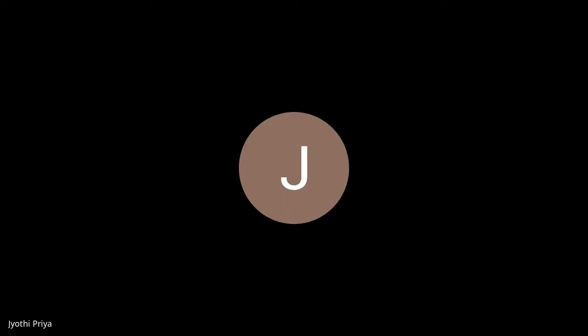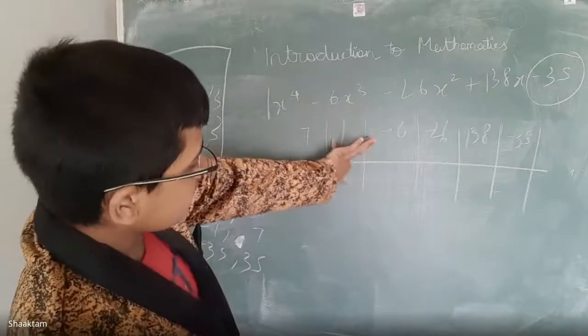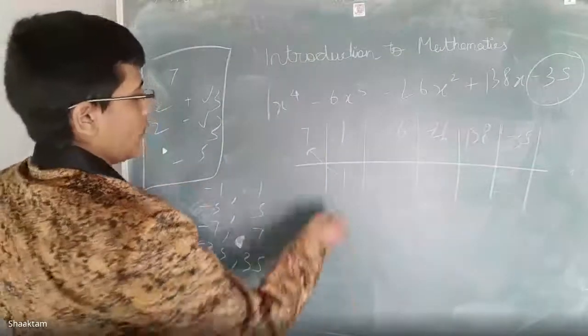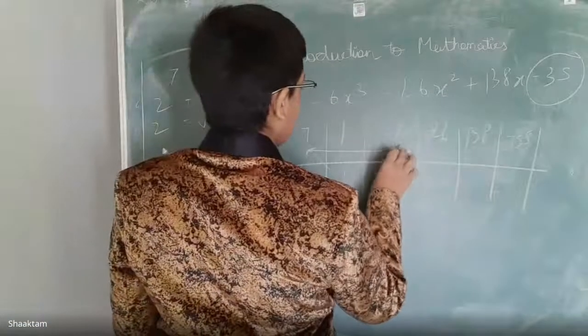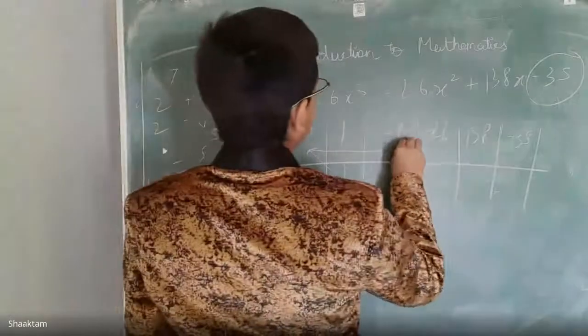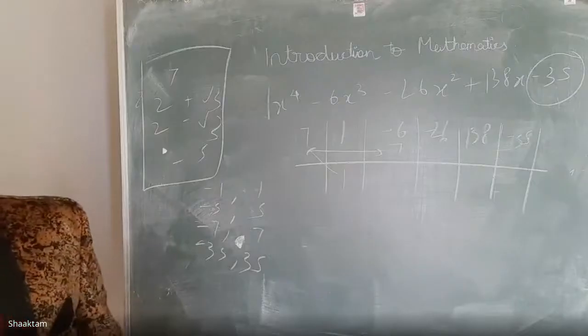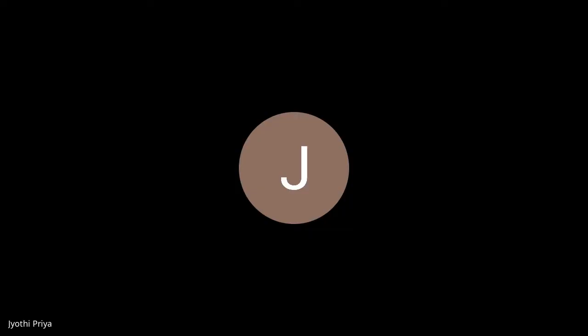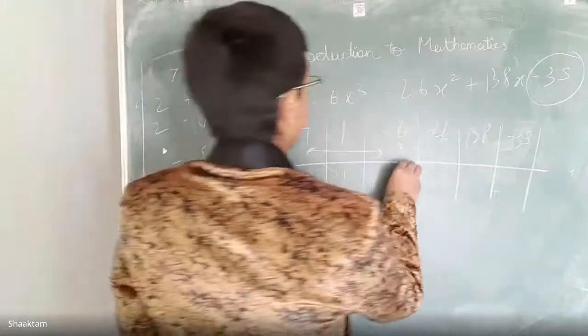The first value which I have, let me bring it down to the second row. Now let me multiply 1 with 7. 1 with 7 will get me 7, right? So minus 6 plus 7, I'll get 1.